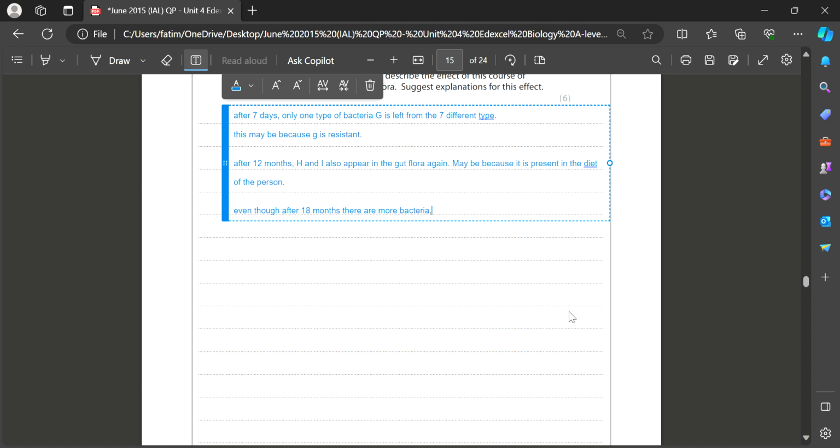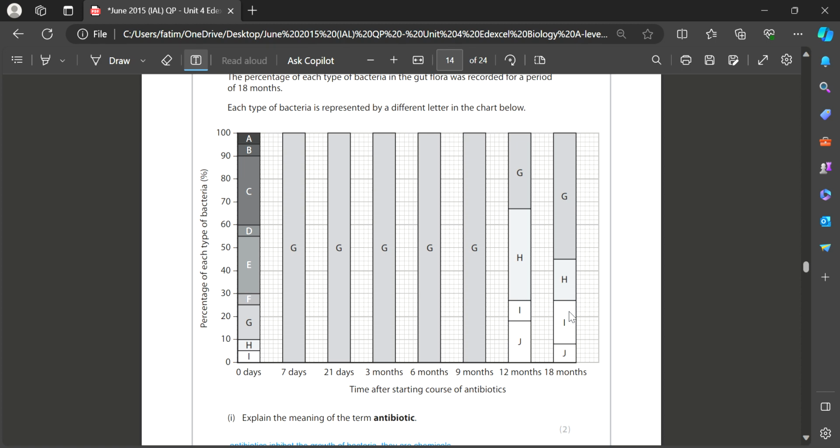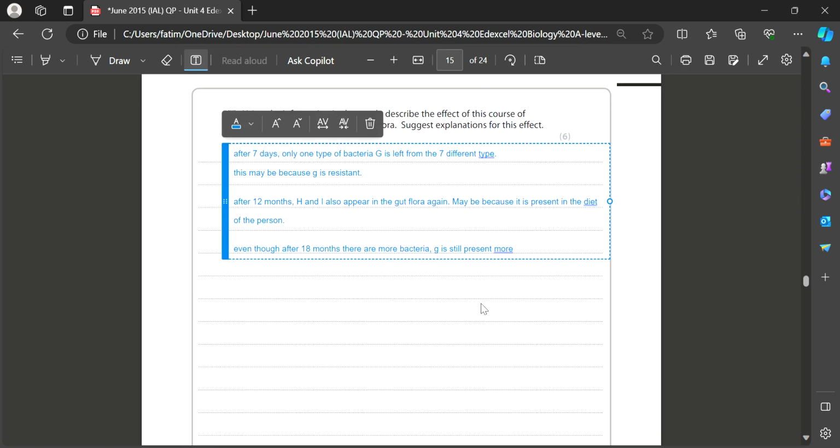G is still present more. There's a higher percentage of G. Now what may be the reason of that?